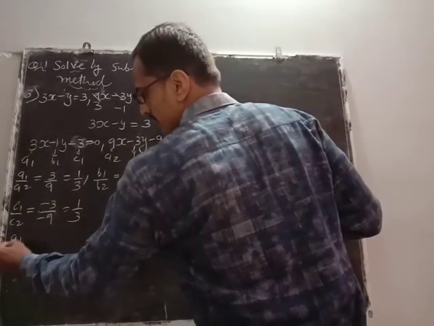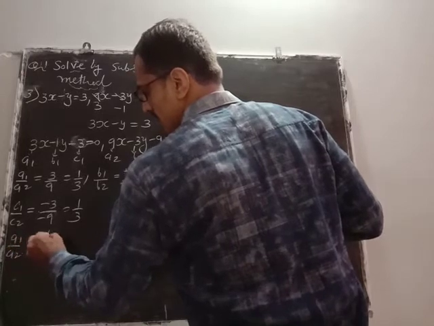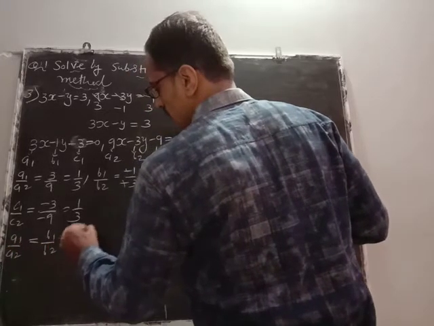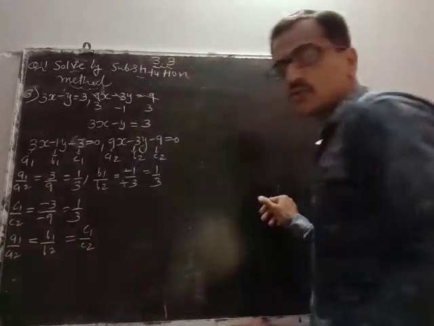So here a1 by a2 equals b1 by b2 equals c1 by c2.